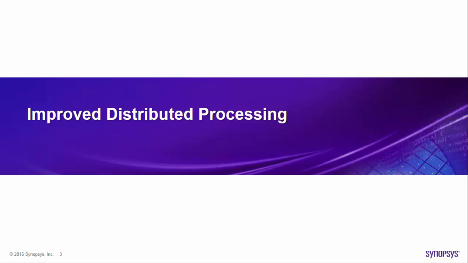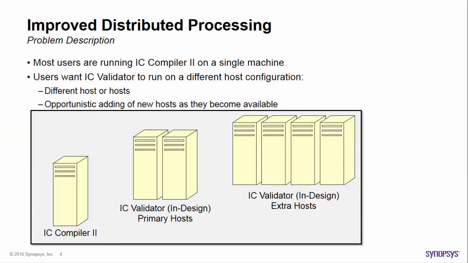Let's move on to the first feature, that is improved distributed processing. Problem description. The InDesign commands which run IC Validator get launched from an IC Compiler 2 shell, which is usually resident on a single machine.